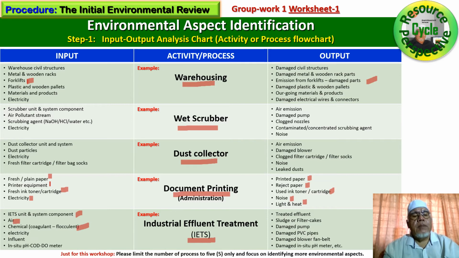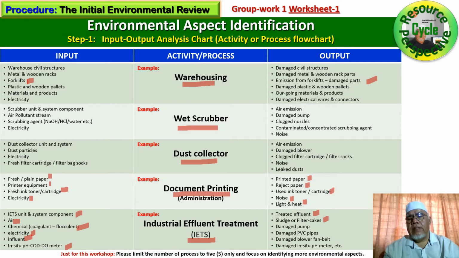These are all environmental aspects: electrical energy, influent, and of course, our competent person goes around for a walk around the ETS with a portable meter to test for COD, BOD, not BOD, COD, dissolved oxygen, pH, etc. Now, treated effluent, these are all outputs from the ETS.